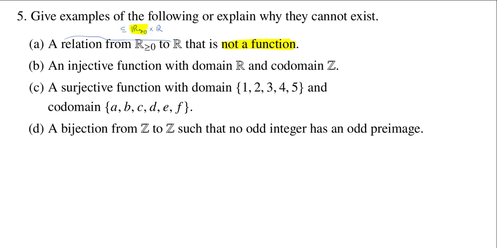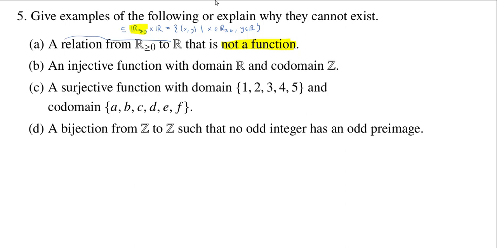As a set, these are all pairs x, y, where x is a non-negative real number and y is a real number. In this pair, x is some element of the domain and y is its image. So if we are going to have a function, we would need for every possible x a unique image. There has to be exactly one y such that (x, y) is in the set.